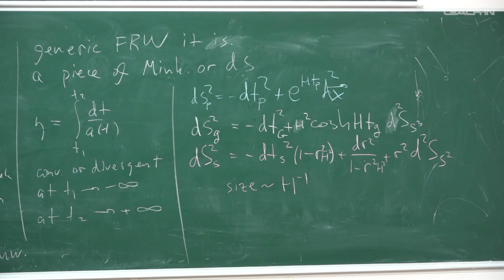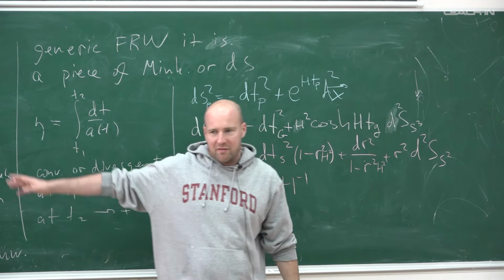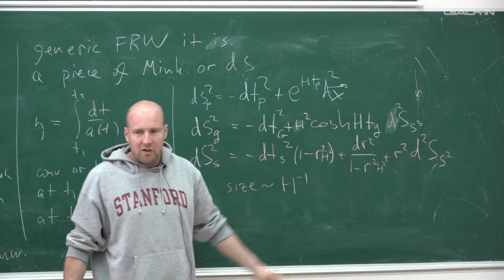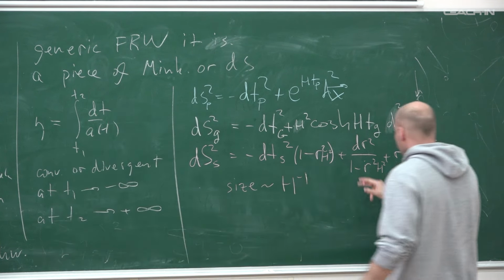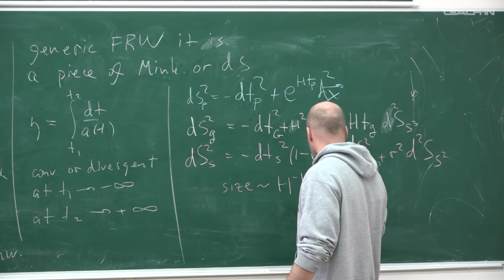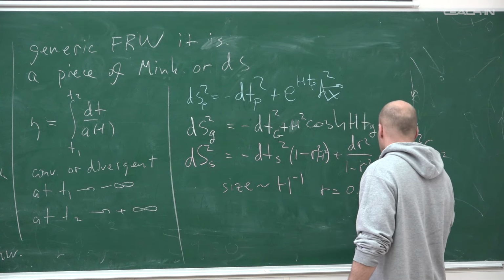But actually, the metric on each of these red lines is the same. It's manifest from the equation, not very manifest from this drawing. So the universe is just of this size, because r changes from 0 to h minus 1.